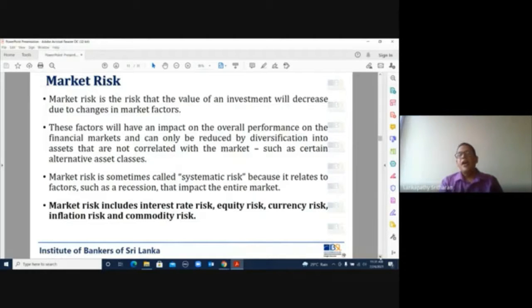Okay, I am asking you a question. For example, if I have a treasury bond investment, the market interest rate may affect the value of my investment. What is the relationship between the treasury interest rate and the value of the investment? I'm just asking whether anybody knows that. You can answer, otherwise I will explain. There's no harm.